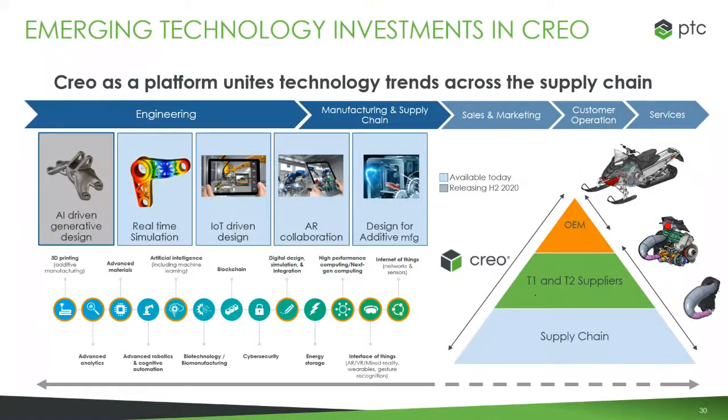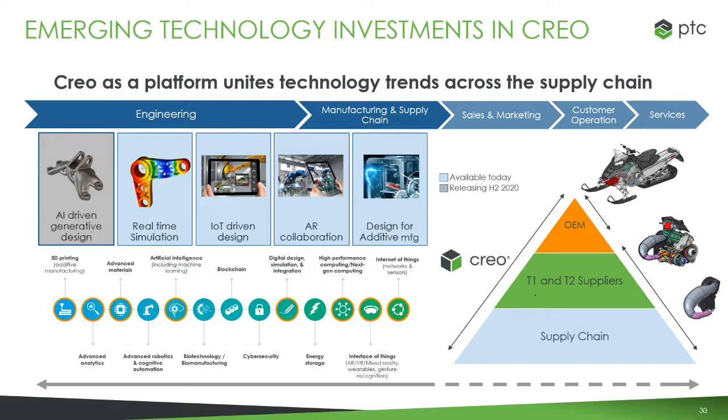As you can see here, these are the emerging trends I mentioned in my earlier slides. We are working on these 5 major areas which map very well to the major emerging technologies.